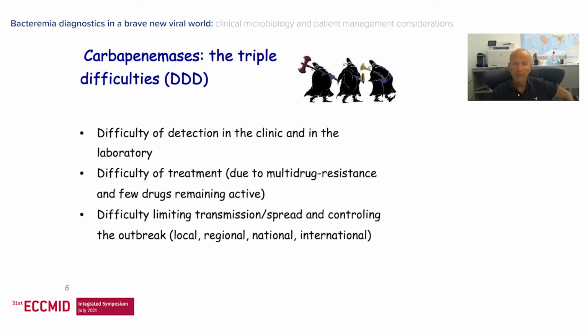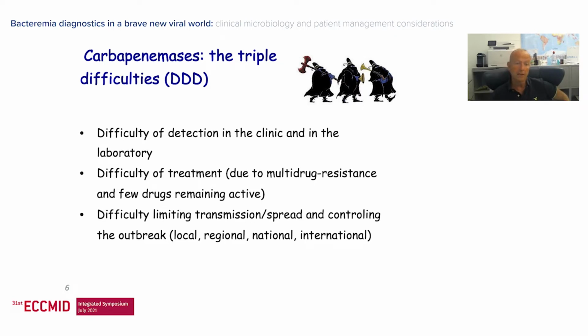So the problem of those carbapenem-resistant isolates, as I said previously, is mainly due to the production of acquired carbapenemases, genes being horizontally transferred from bacterial isolates to bacterial isolates. The problem is there is very often difficulty of detection in the clinic and in the laboratory.